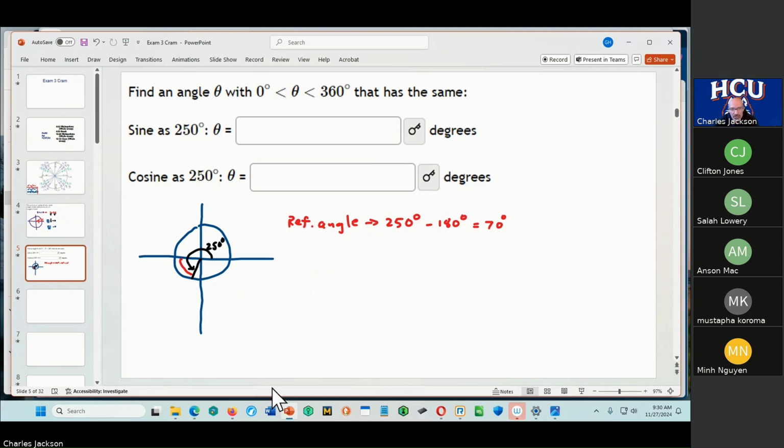Now we're going to need the measure of that angle, and then we will use the fact that we're in the third quadrant and everything's negative there with this number to answer these questions.